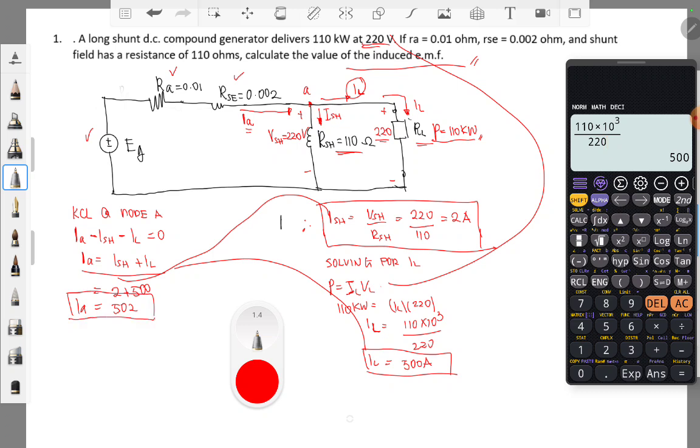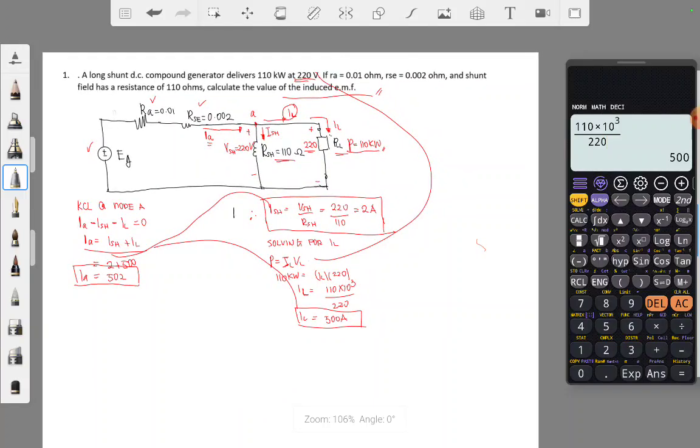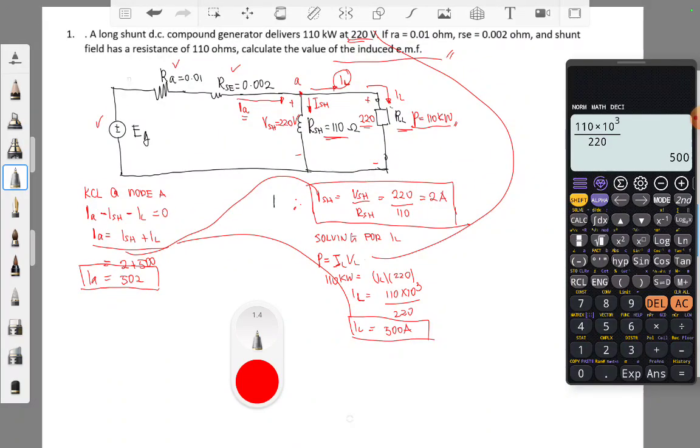Now, upon solving for my IA, the next thing to do to solve for our EMF is to take KVL at this mesh.